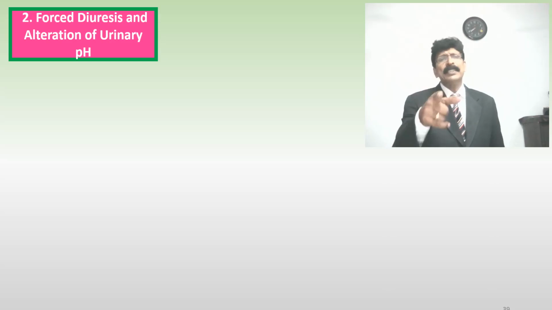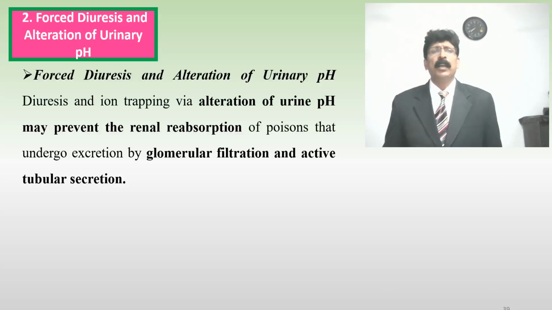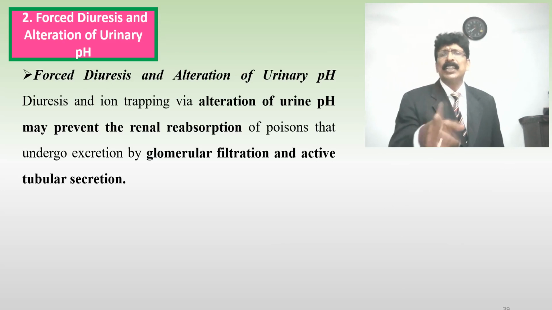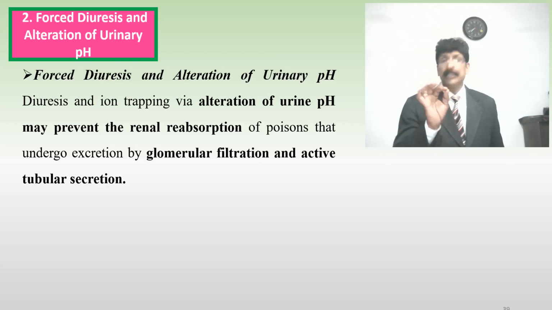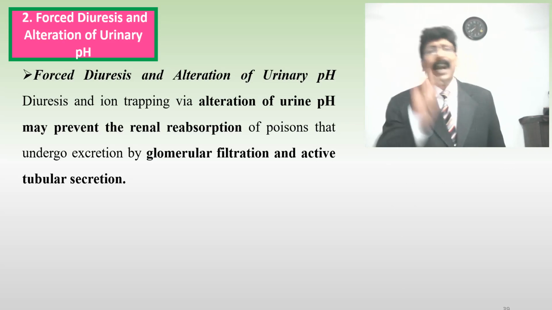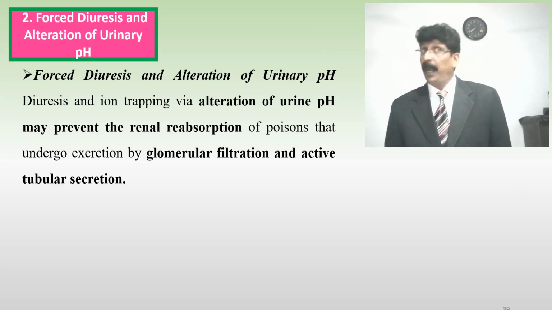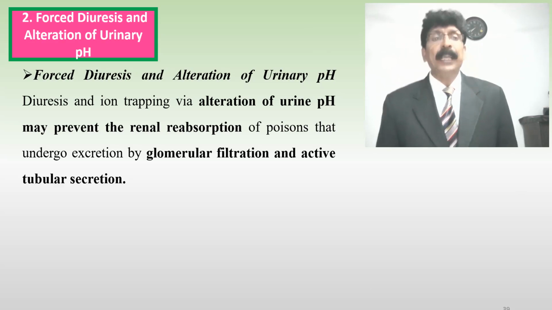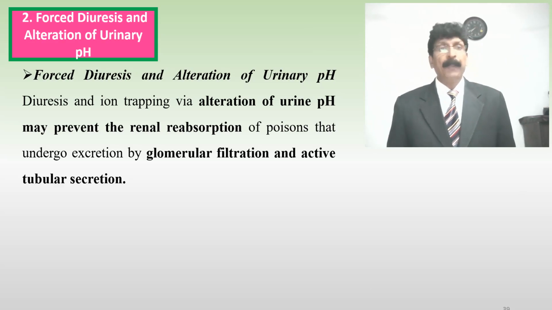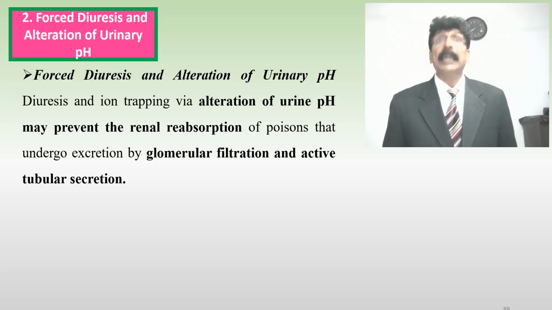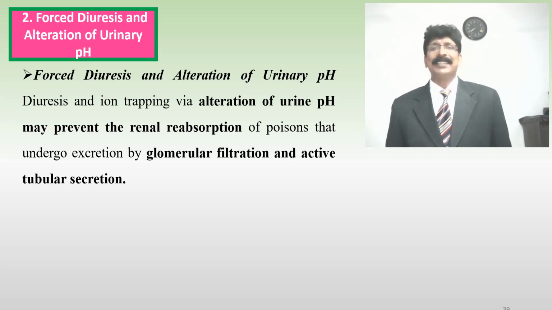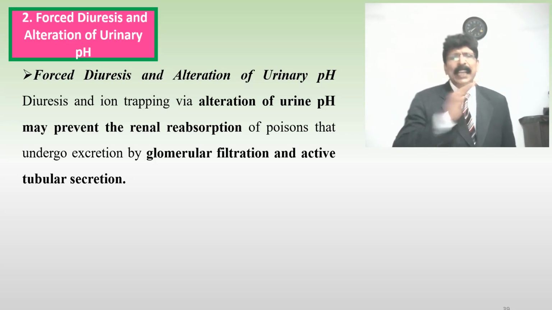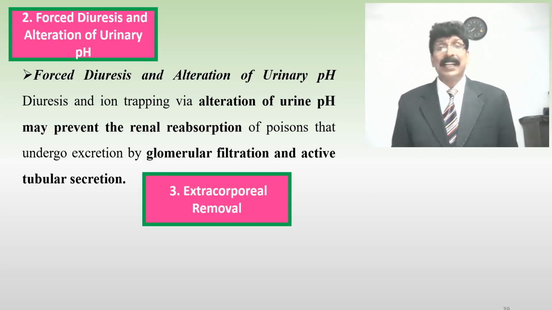Forced diuresis and alteration of urinary pH. Forced diuresis and ion trapping via alteration of urine pH may prevent the renal reabsorption of poisons that undergo excretion by glomerular filtration and active tubular secretion.